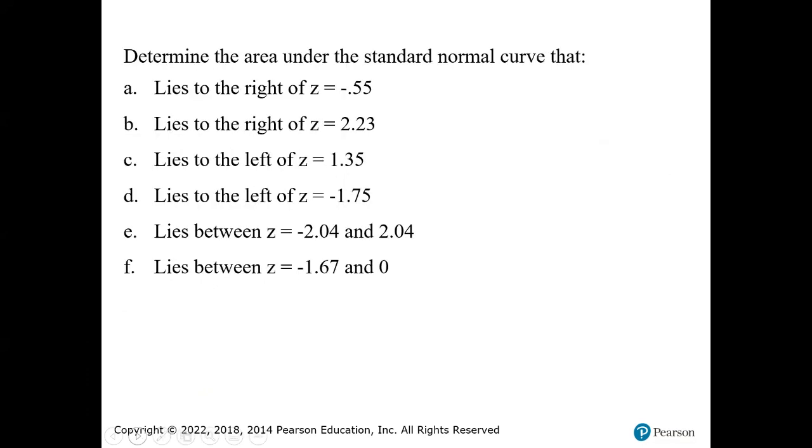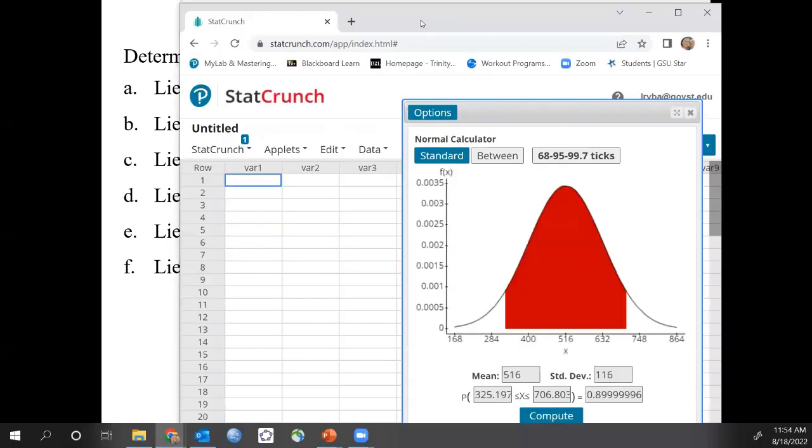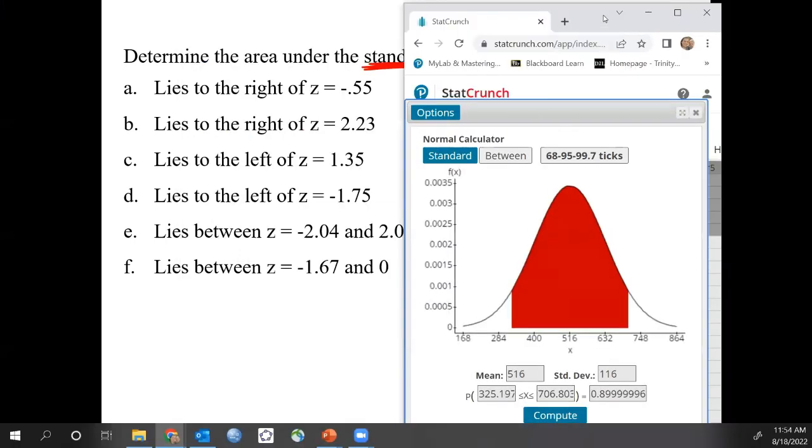What we're going to do here is just go back to the standard normal curve. So anytime you see standard normal curve and you've been working with the normal calculator, you have to default it back to zeros and ones.